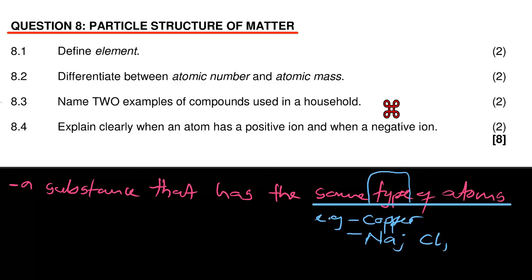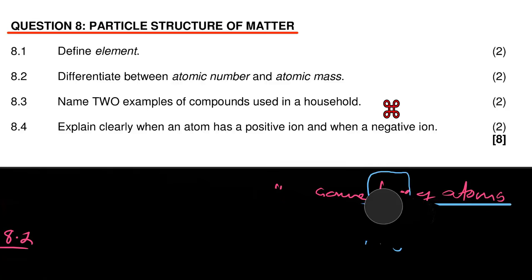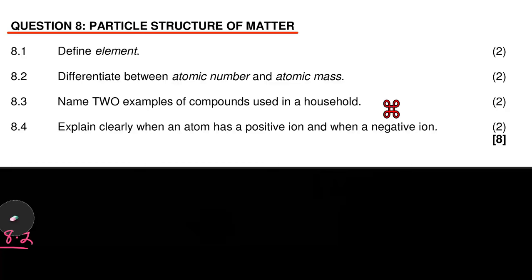The next one is 8.1. Now 8.2 says differentiate between atomic number and atomic mass. So how do you differentiate between atomic number and atomic mass?